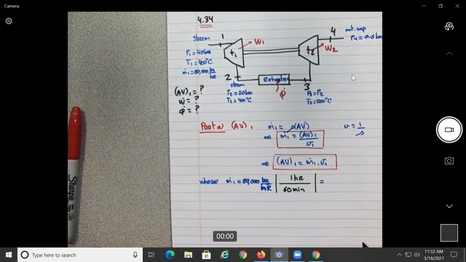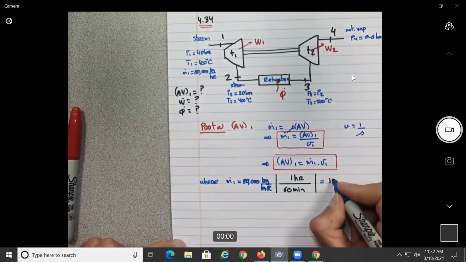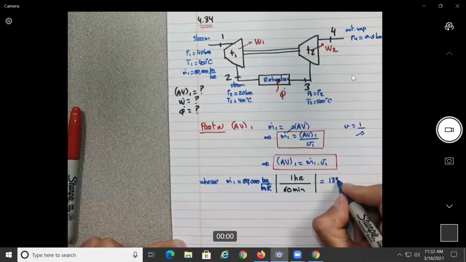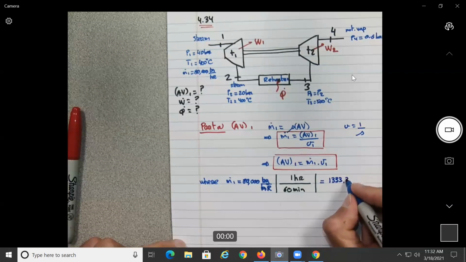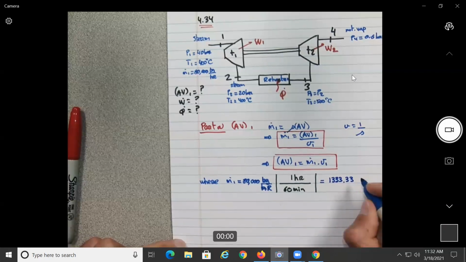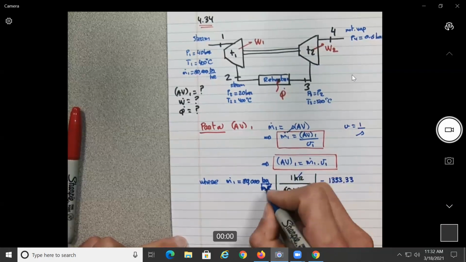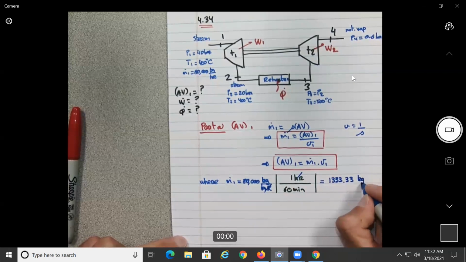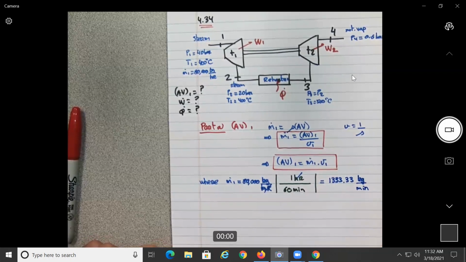Can you do it for me? So it would be 80,000 divided by 60, 1,333. Yeah, 1,333.33, no? And this should be now basically kilograms per minute.